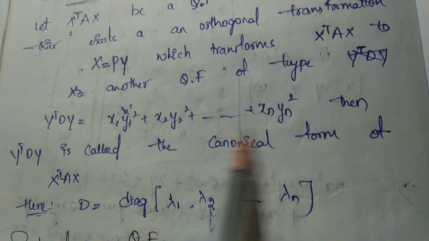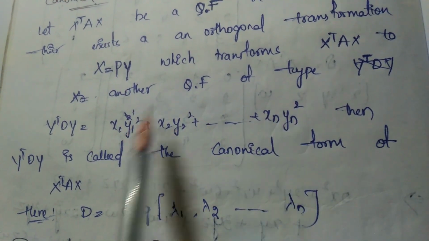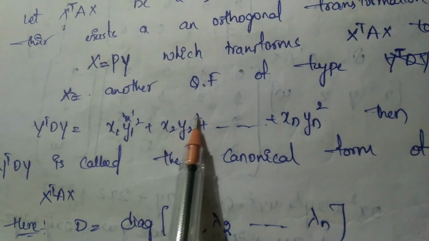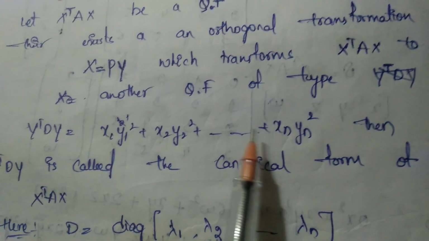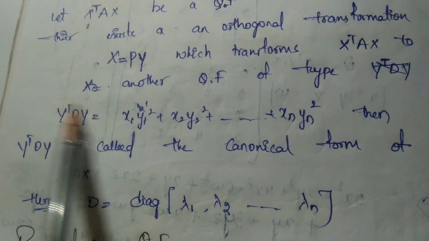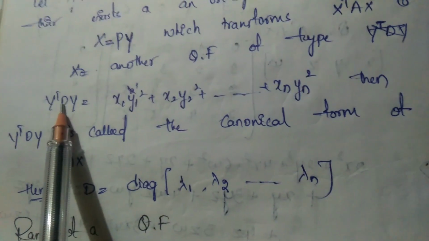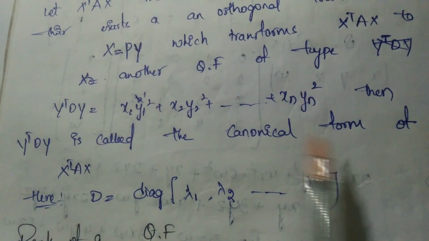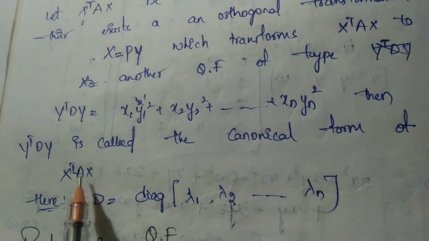So it will be of the form λ1 y1 square plus λ2 y2 square plus λ3 y3 square and so on, up to λn yn square. Whatever form we got here, y transpose D y, is called the canonical form of x transpose A x.